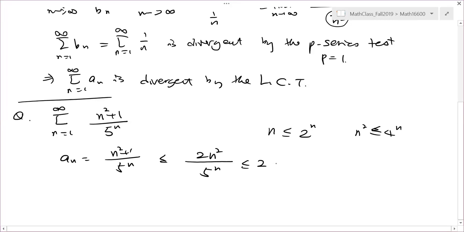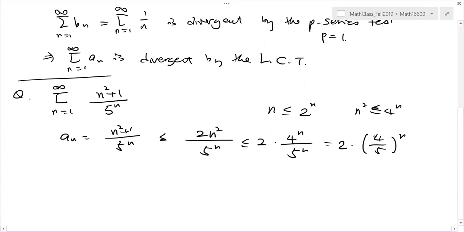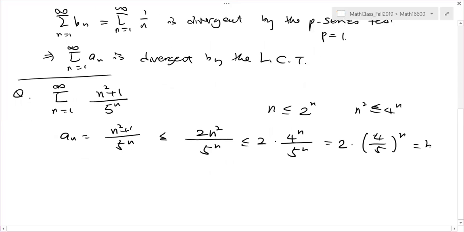So it's 2 times 4 to the n over 5 to the n. It's a constant times 4 over 5 to the n, and we're okay because this 4 over 5, my r, is smaller than 1.